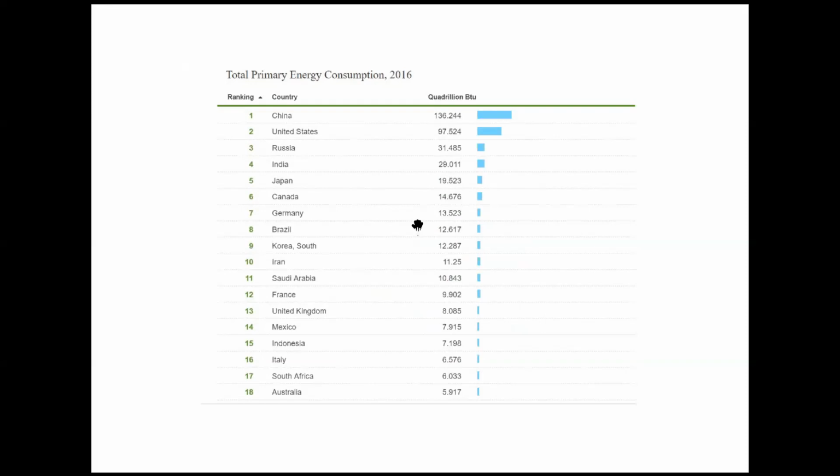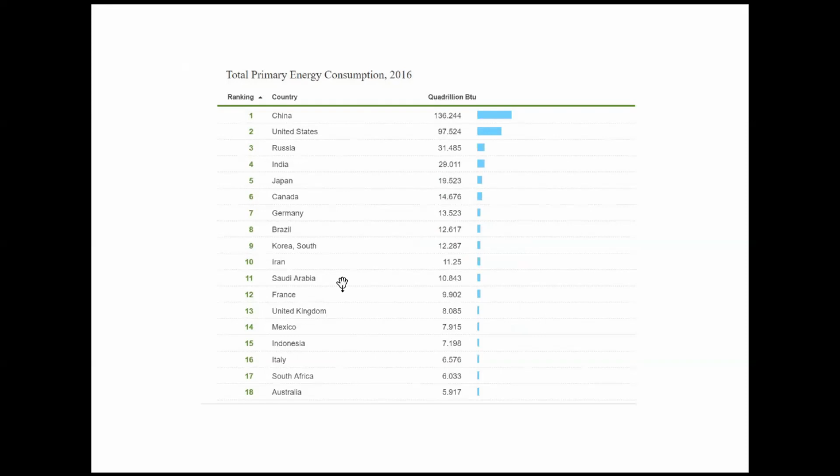In fact, according to the BP Statistical Review of World Energy 2017, Saudi Arabia was the world's 11th largest consumer of total primary energy, which is a very high number for a population of only about 33 million.